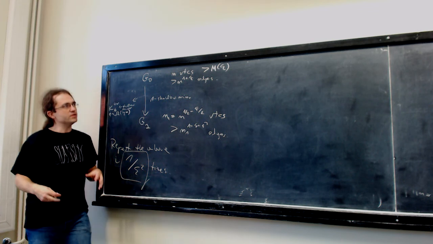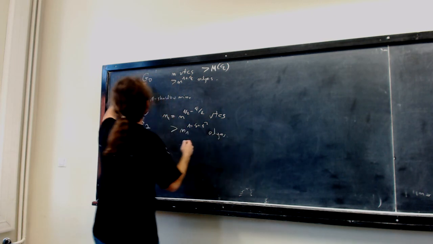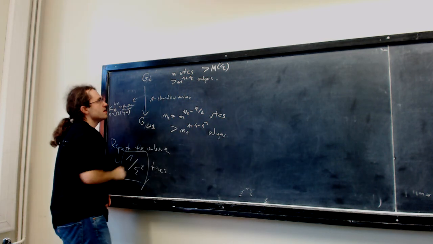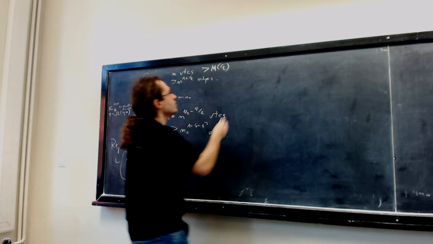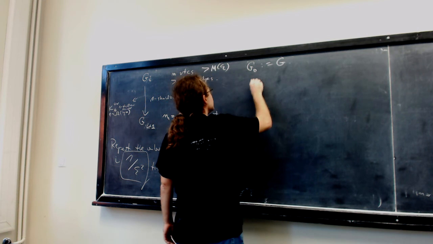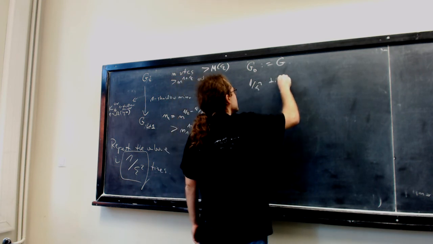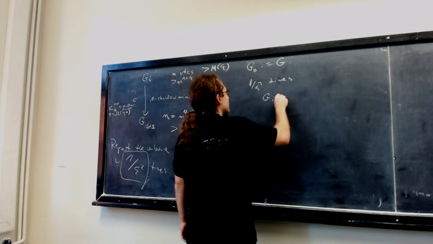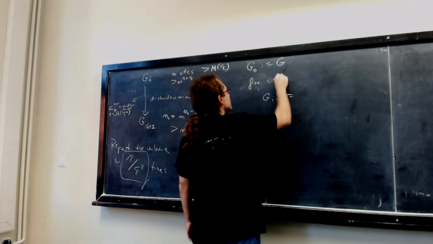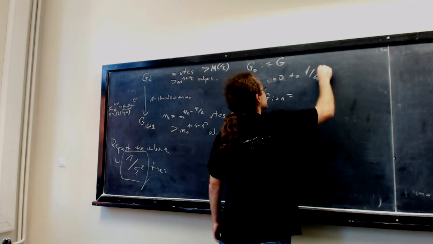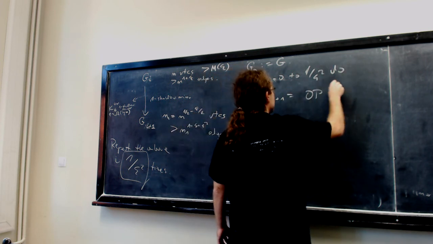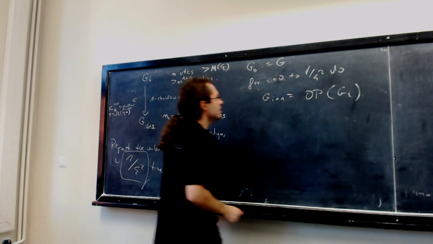So in the i-th iteration, I start with G_i and make G_{i+1}. I start with G_0, which is G, and for i equals 0 to 1 over epsilon squared, do G_{i+1} is just this operation applied to G_i.